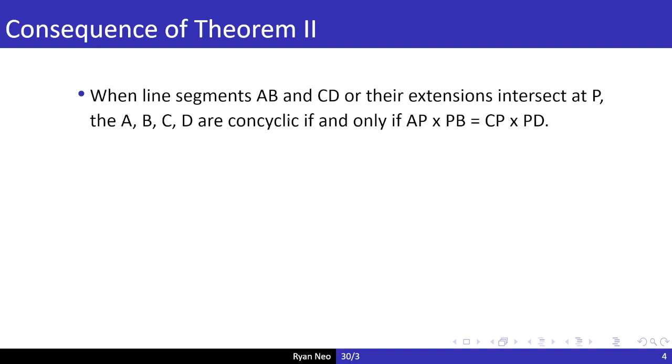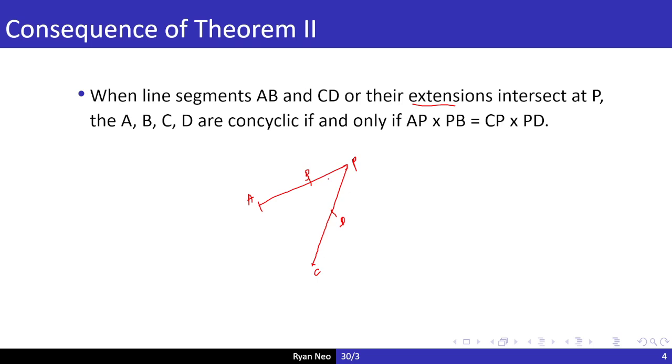What it's saying is that when you have line segments AB and CD, or their extensions, AB extended, CD extended, intersect at P, then A, B, C, D are concyclic if and only if AP times PB is CP times PD.